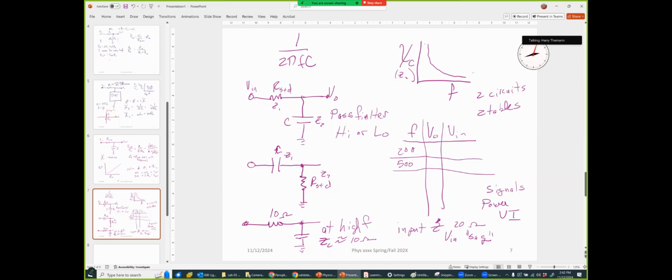So if I try to drive 20 ohms, the function generator is not able to supply enough current. So V out is going to sag, V in is going to sag. If you take the ratio, you're always guaranteed to get the right answer.